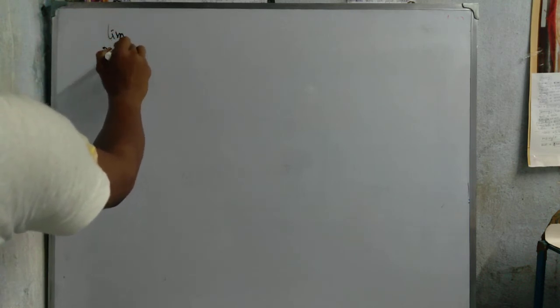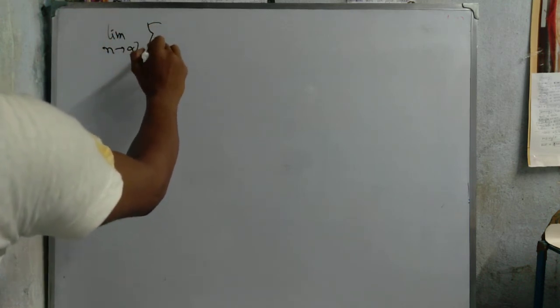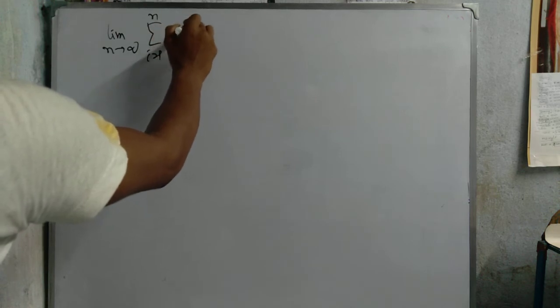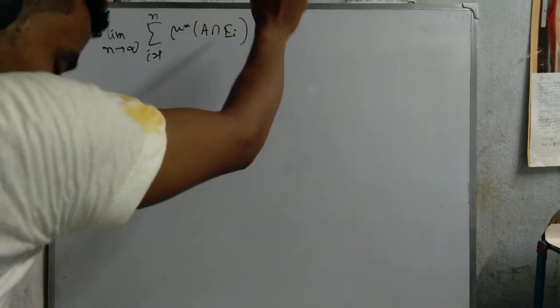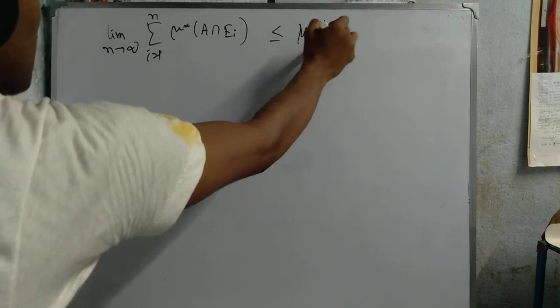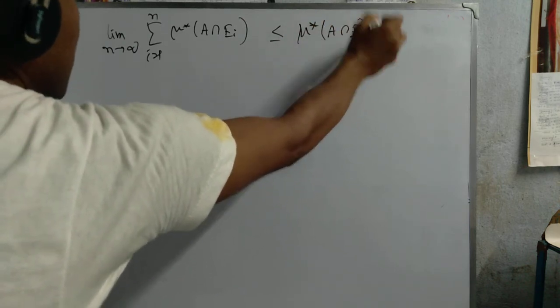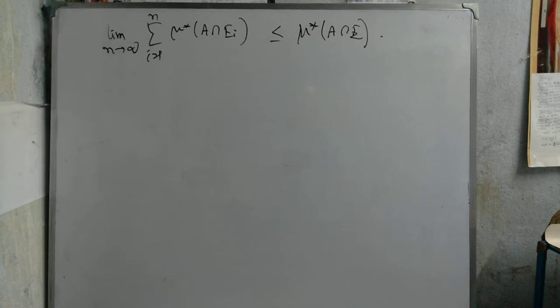I also did this one. Okay, this is less than or equal to mu star of A intersection E. Yes or no? Not a problem at all, I think. So what happened?